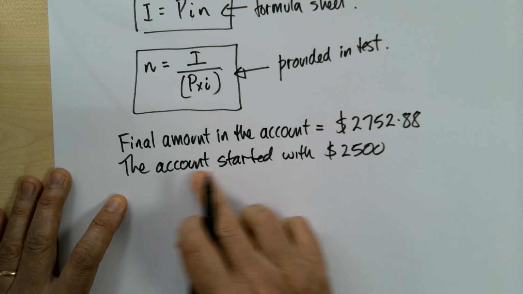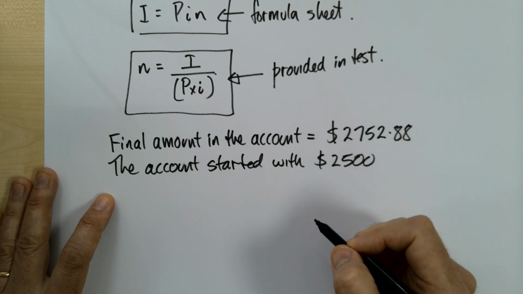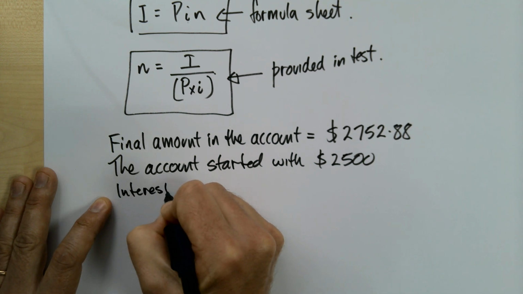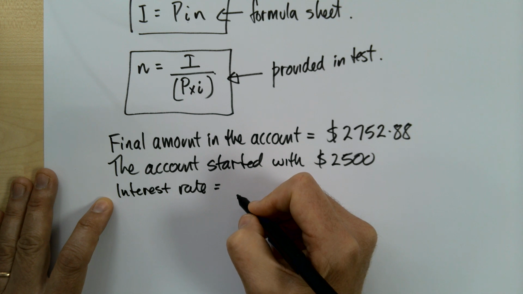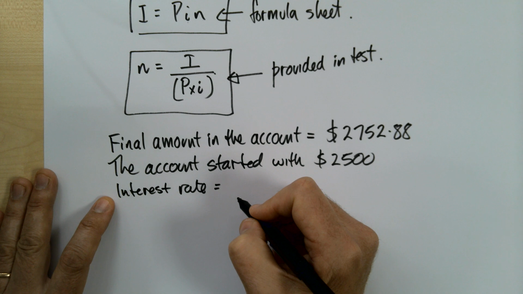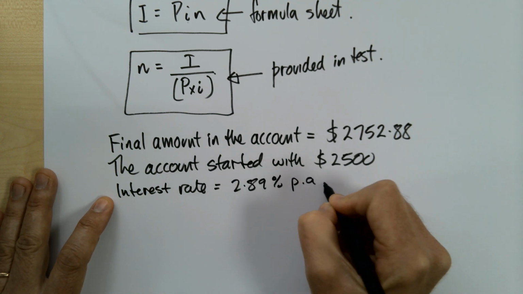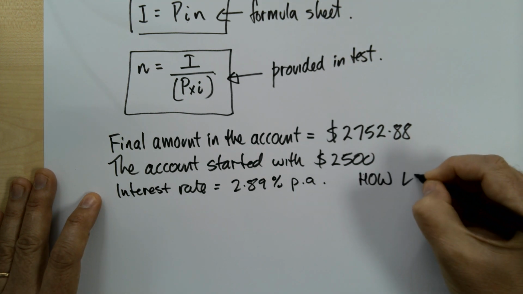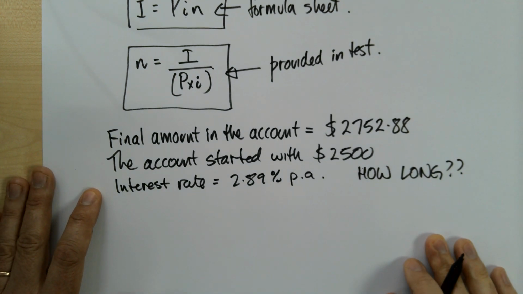So we kicked it off with this amount, and then after a certain amount of time, that's what was in the account. What was the interest rate? The interest rate is 2.89% per annum. So the question is, how long was this account running for?